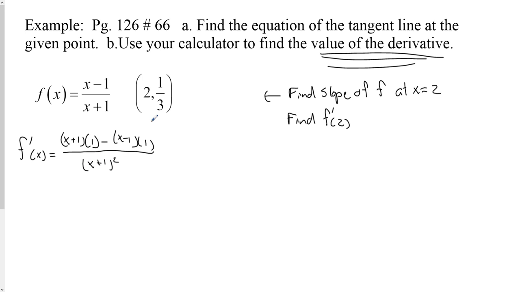Now we could spend a bunch of time simplifying this if we wanted to, and that's fine, but I can just go f prime of 2 and say that this is going to be, well, I'll get a 3 there, and it'll be minus, I'll get a 1 there, and then it'll be 3 squared. Yeah, it'll be 3 squared, so it'll be 9 there. So I'll get 2/9 as my derivative of that particular function. And I think I did that right. Yeah, I'll be happy with that.